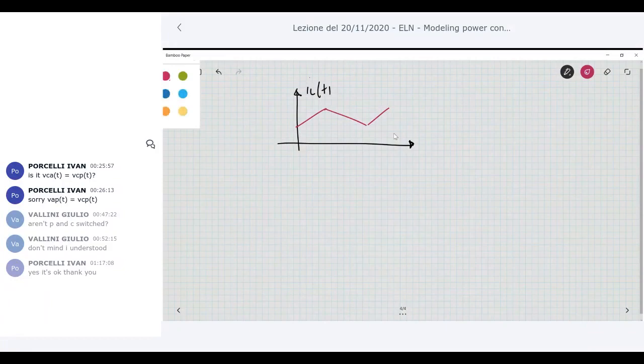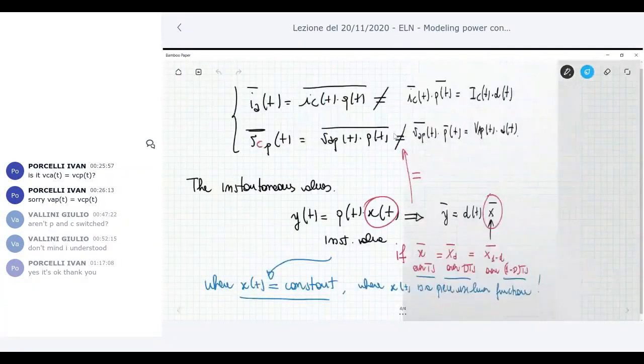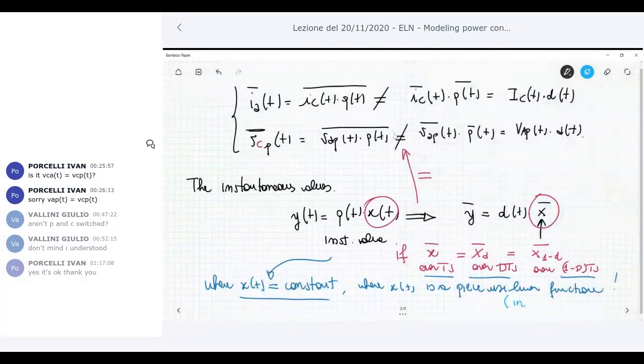Suppose that this is our variable x(t). If you compute the average of this variable over Ton, this is something which is in between. If you compute the average over Toff, this is the same value. And if you compute the average over Ts, this is the same value. So this is exactly what happens. But this happens in steady state. So this is true if you are in steady state.